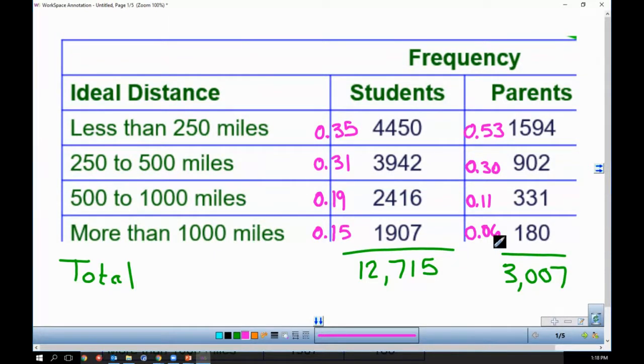So now we've leveled the playing field now that we have relative frequencies.